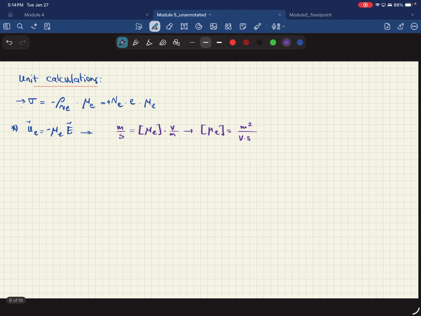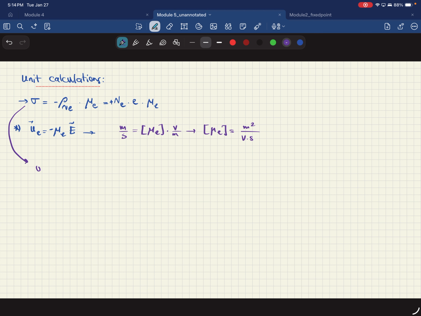Now we are going to plug this in here. So sigma is minus rho VE mu E. And the unit of sigma is going to be coulomb per meter cubed multiplied by meter squared over volt second. That is going to be coulomb over meter volt second.